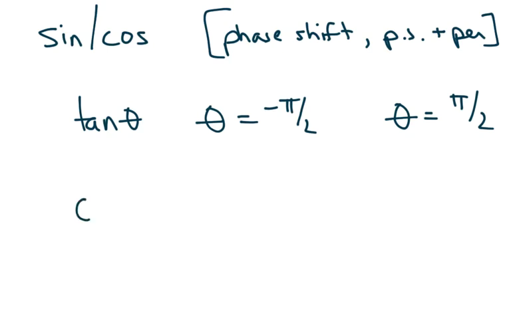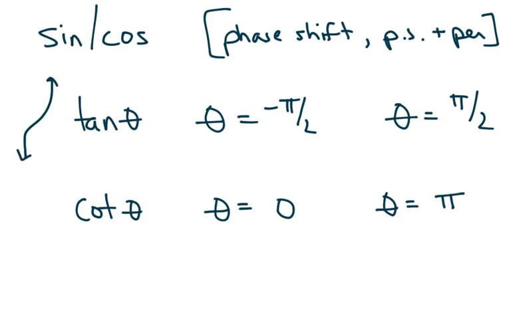However, for cotangent, the asymptotes of the parent function are different. They're not at -π/2 and π/2. The parent function for cotangent has them at 0 and π. And that's how you're going to determine the intervals that you're going to graph on. For tangent, usually the graph will look like this between the asymptotes, and for cotangent, it will normally look like this.